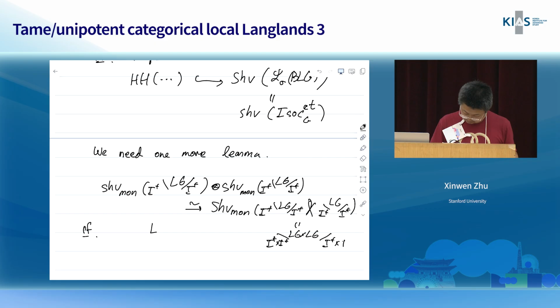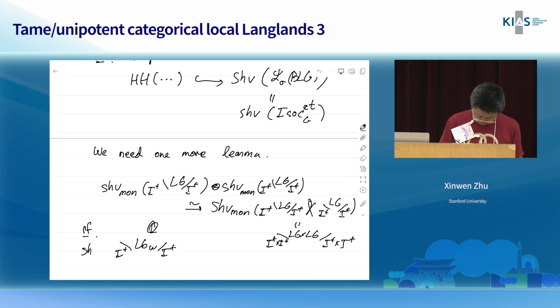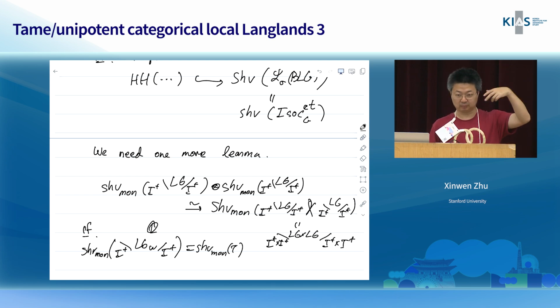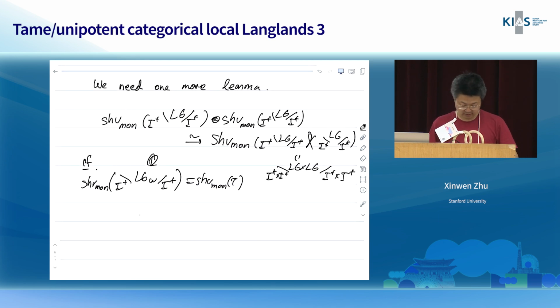These stacks are essentially kind of discrete. So on each stratum, this is actually equivalent to monodromic sheaves on the torus. This is not canonical, but you need to make some choice, choose a lifting of an element in the Weyl group, and then reduce to the following thing.